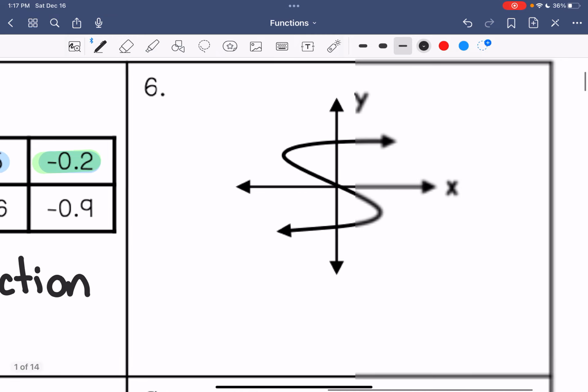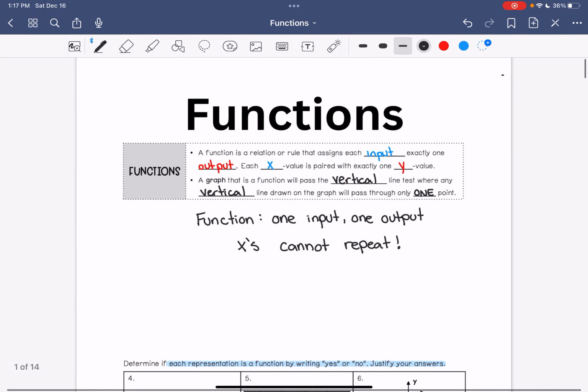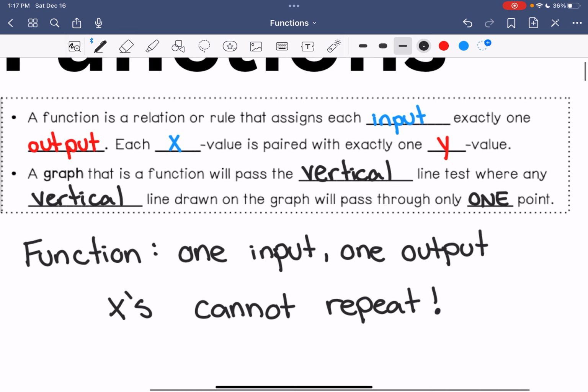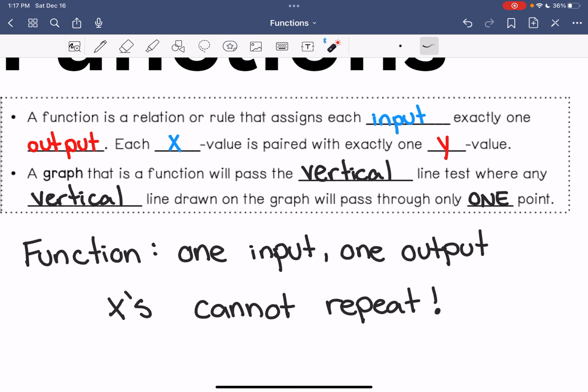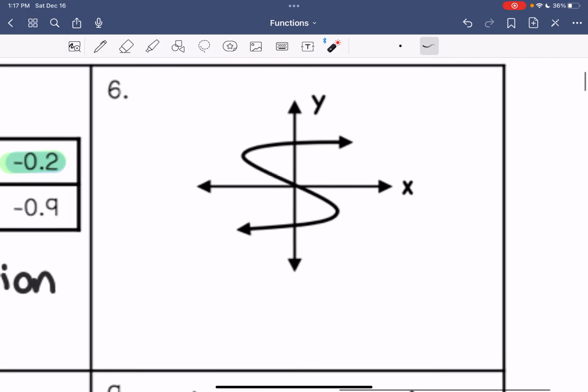Number 6 is a little different because it's from a graph. But let's look at our definition that we wrote. A graph of a function will pass the vertical line test, where any vertical line will pass through only one point. So for number 6, I'll go ahead and do a vertical line test.